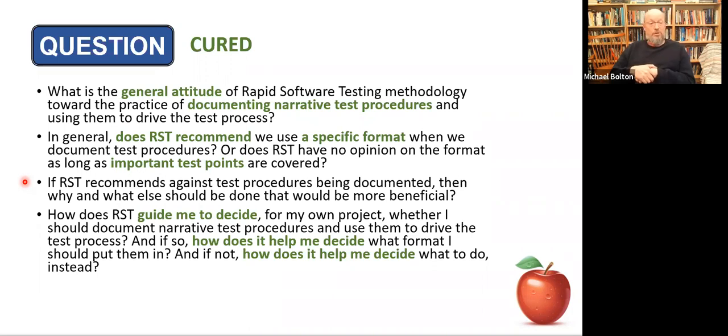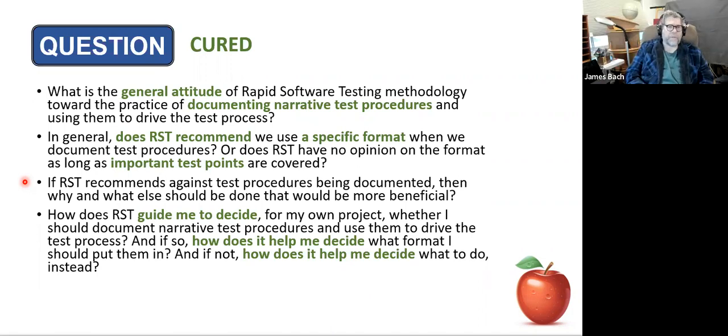Well, one answer to that would be don't document them. Don't document test procedures. So you could pay attention to what else could be documented or how else could test procedures be expressed or institutionalized. How about putting it that way? How could they be?